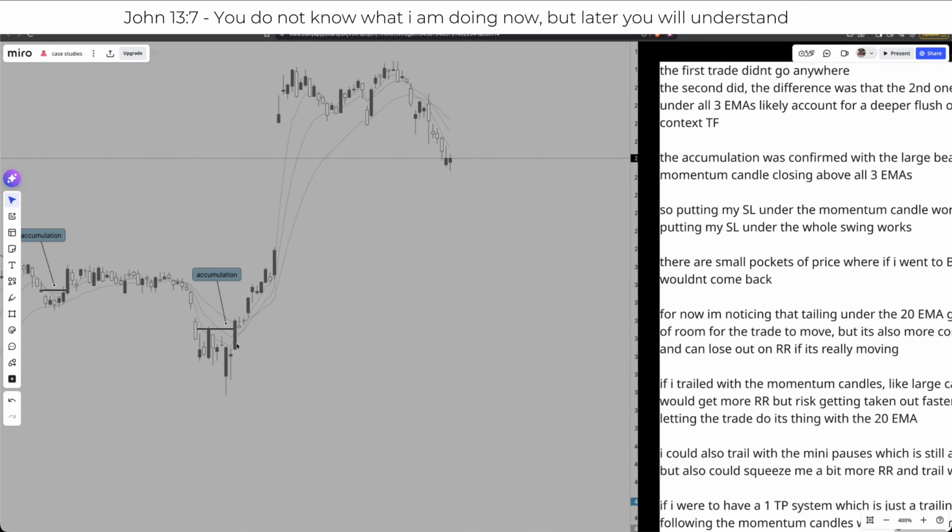These mini pockets, because on a lower time frame this is still structure. So you have here this high and this high. As it breaks, this is the new low, or technically this is the new low, but it's discretionary. You have this high and this low.